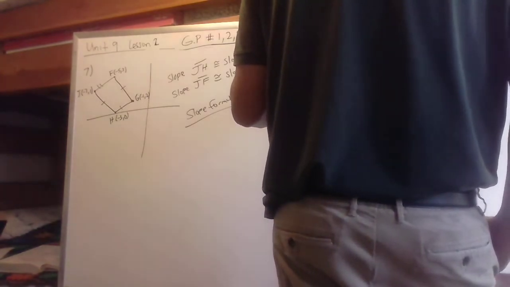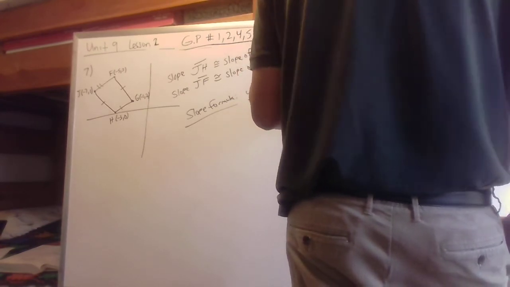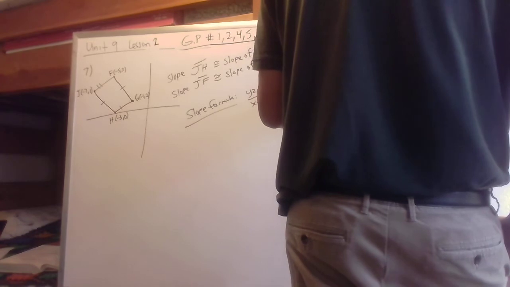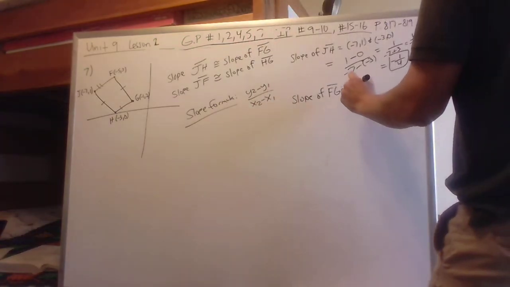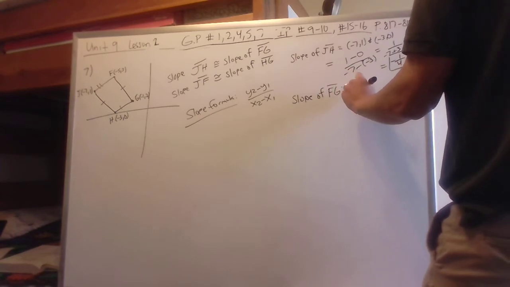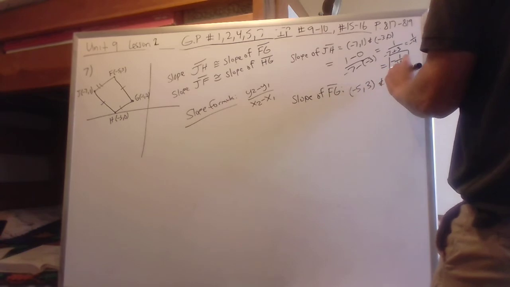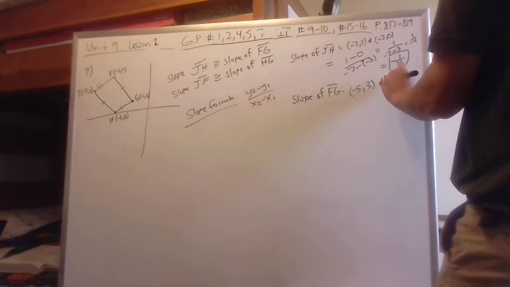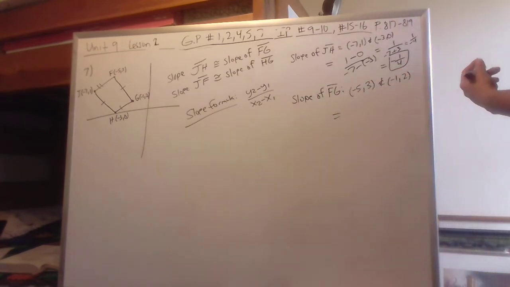So let's see if that is congruent to the slope of FG. The point for F is negative 5, 3, and the point for G is at negative 1, 2. So we use the slope formula.